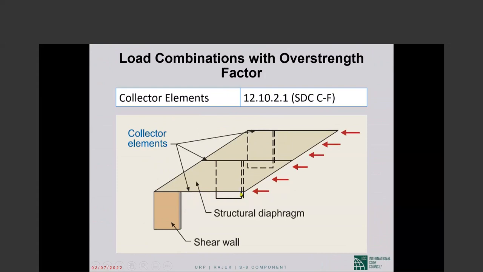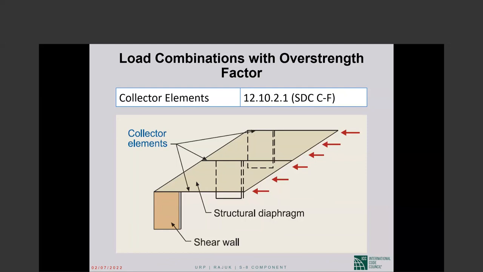And that element, the bunch of reinforcing bars or the beam, is a collecting element. They are collecting the shears and delivering them to the lateral, the seismic force resisting shear wall. Okay. So when you have this situation, a shear wall or a frame supporting only part of a diaphragm edge, not all of it, we have collector elements.